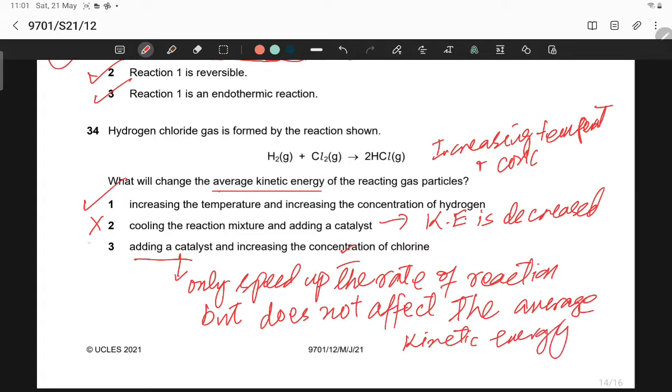So this statement is also incorrect. If one statement is correct, the option is D.